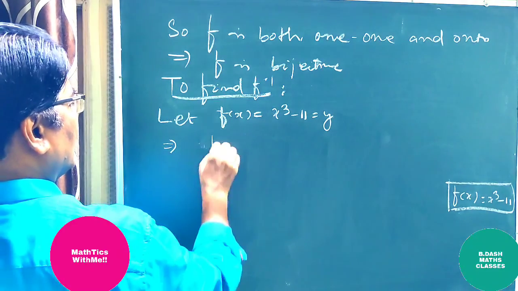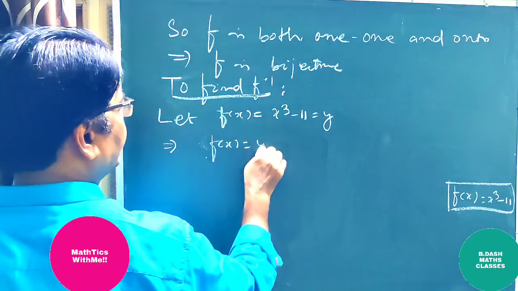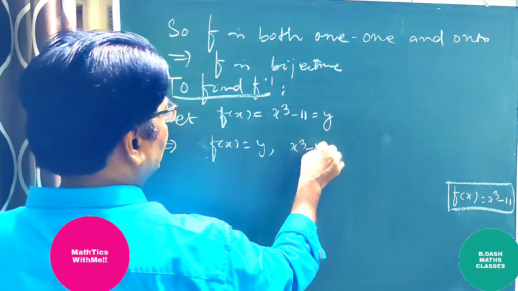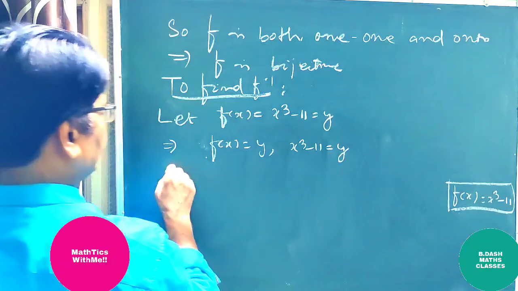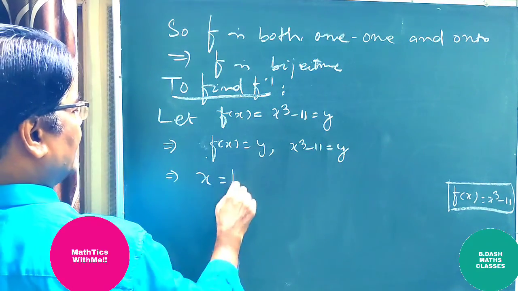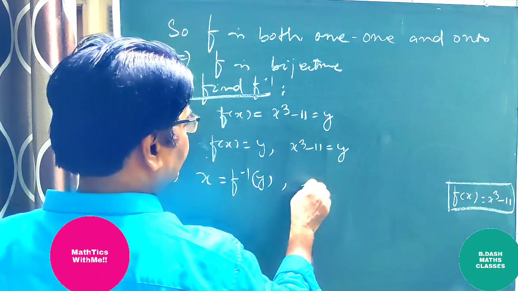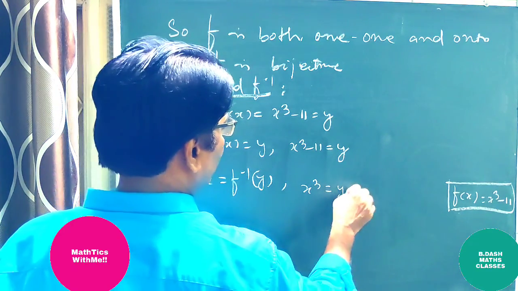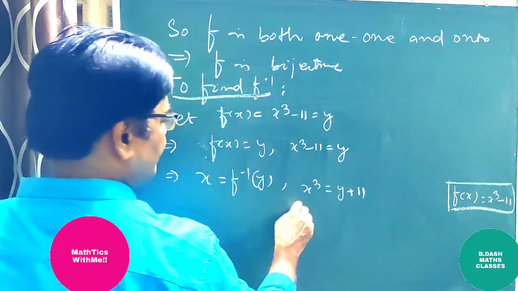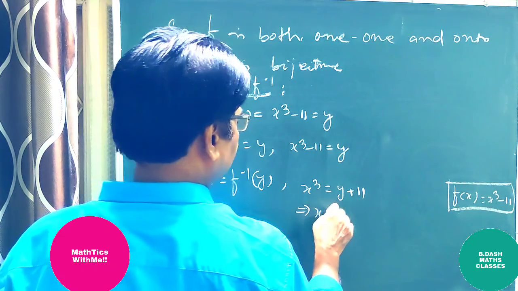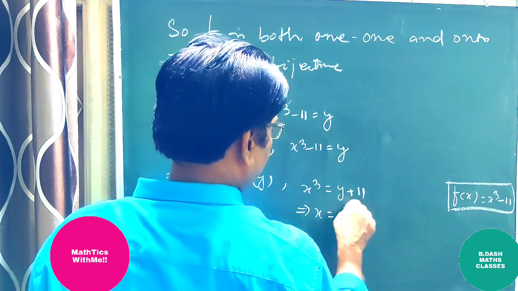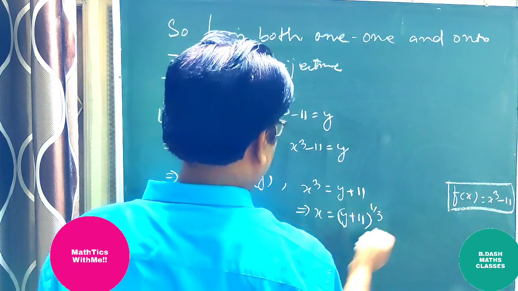Now f(x) is equal to y, x cube minus 11 is equal to y. So this gives us x is equal to f inverse y, and this one gives us x cube is equal to y plus 11, which implies x is equal to (y plus 11) to the power 1 by 3.